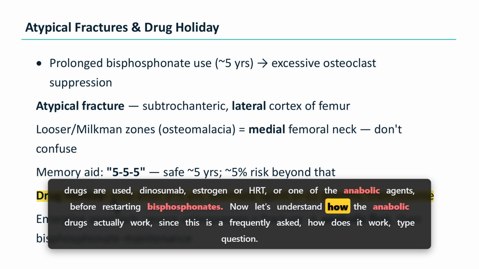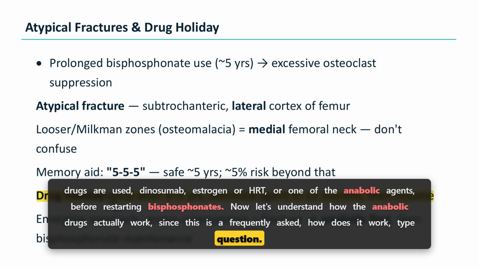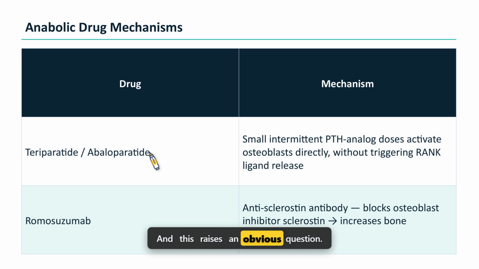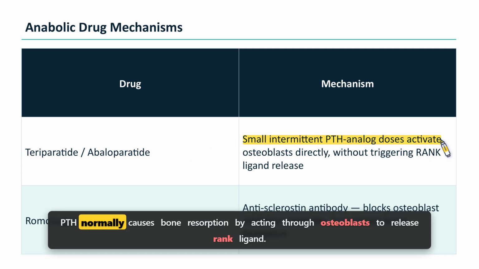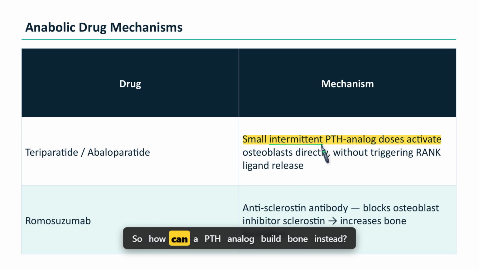Now let's understand how the anabolic drugs actually work, since this is a frequently asked, "How does it work?" type question. Take teriparatide. It's a synthetic parathyroid hormone. And this raises an obvious question. PTH normally causes bone resorption by acting through osteoblasts to release rank ligand. So how can a PTH analog build bone instead?